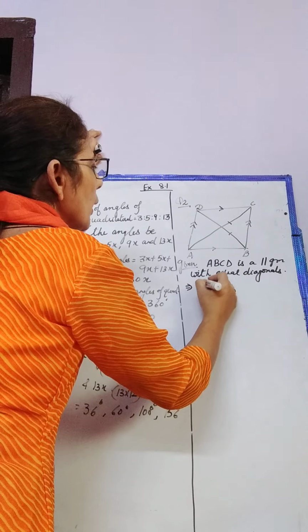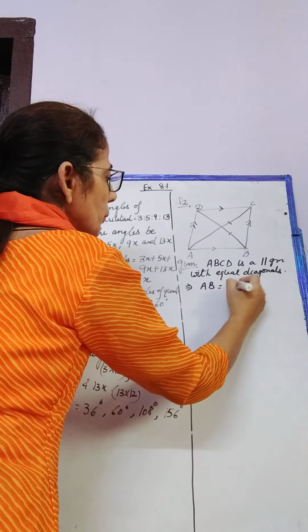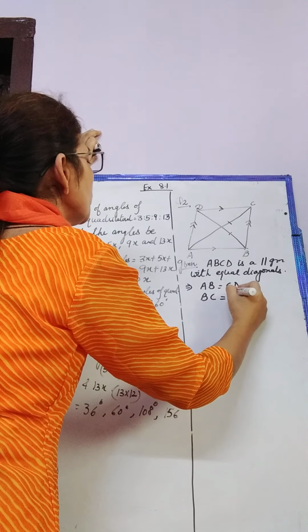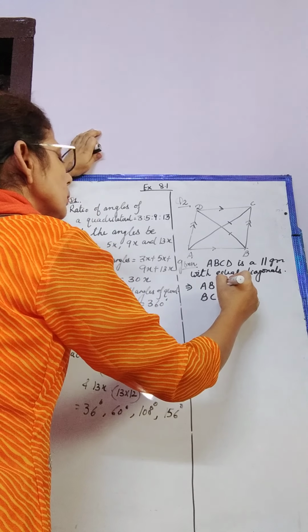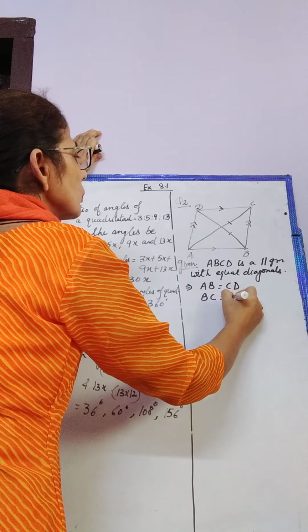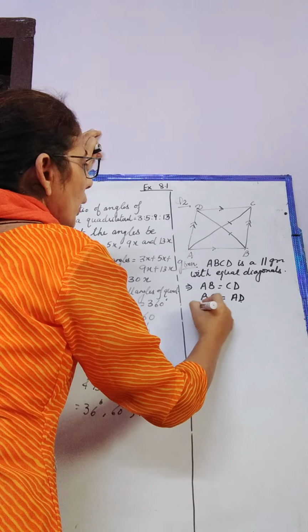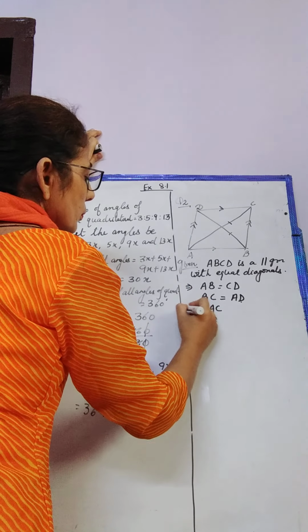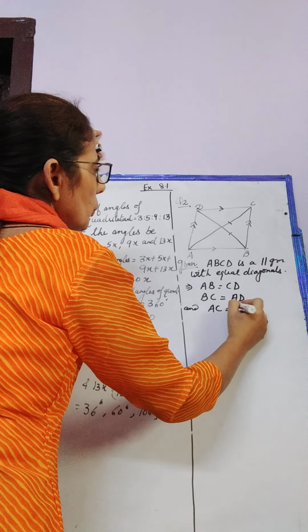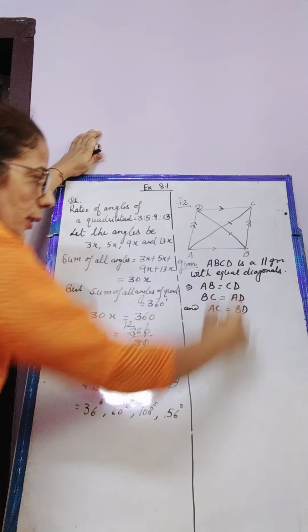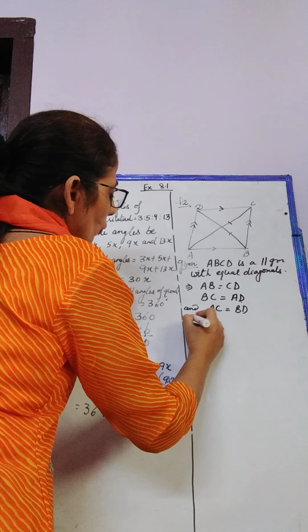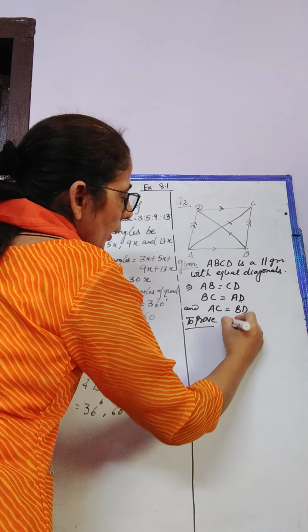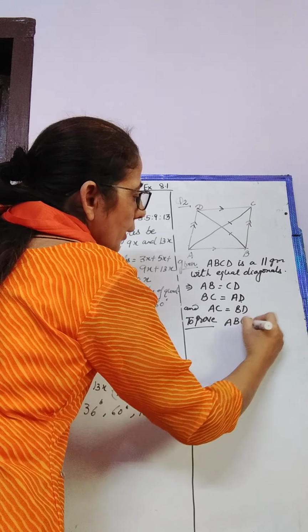Therefore, AB equal to CD, BC equal to AD, and AC equal to BD. So these are the things which are known to us, and what we want to prove? We want to prove that ABCD is a rectangle.